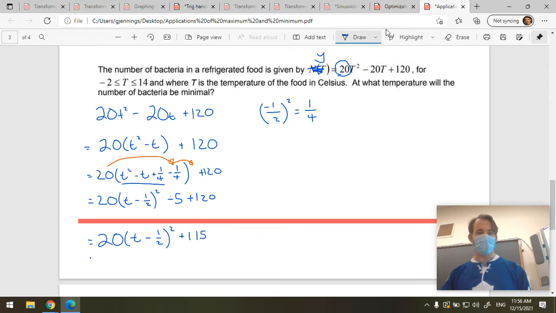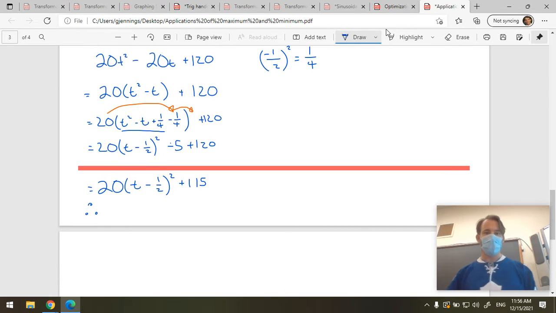Therefore, I'll scroll this up a little bit so you can see all the work. The vertex is at the point 1/2. It's positive 1/2 because this is a sign flipper, and 115.